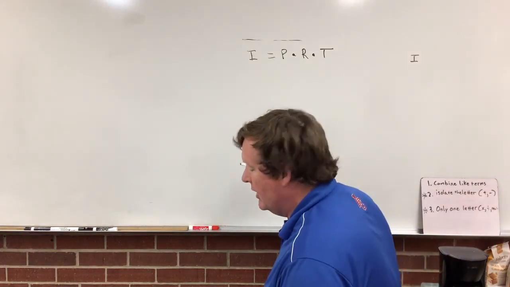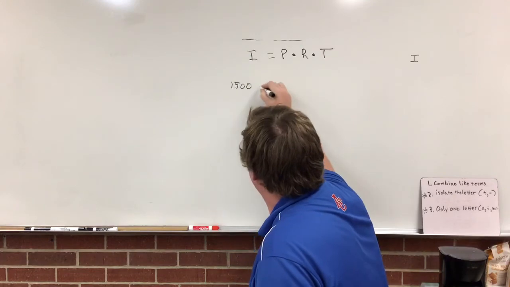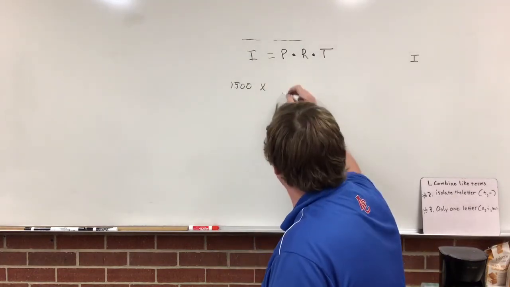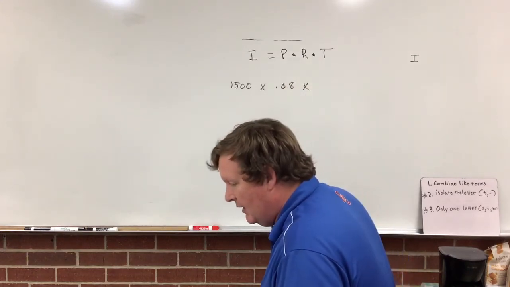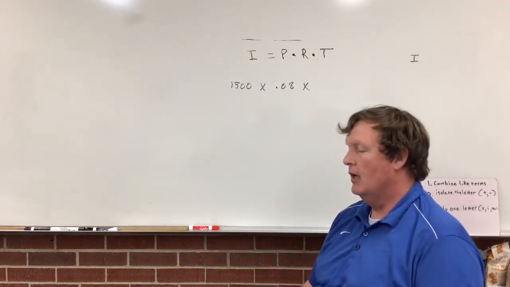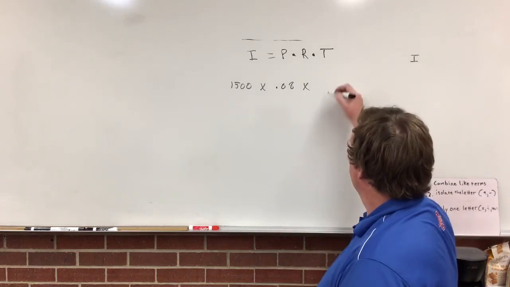All right, moving on to number 3. This one, the principal is $1,500 times our percent on this one is 8 again, so that becomes 0.08. And then the time on number 3 is 6 months, and it's compounded quarterly.